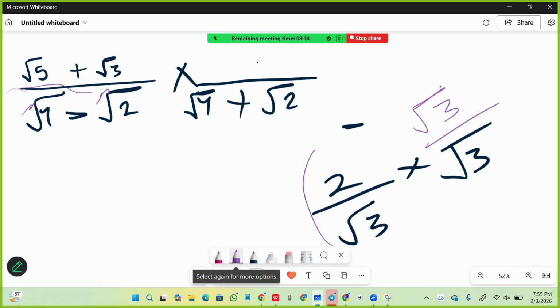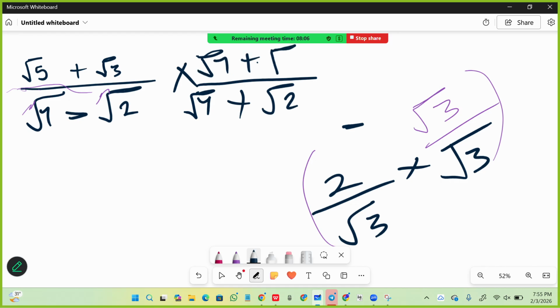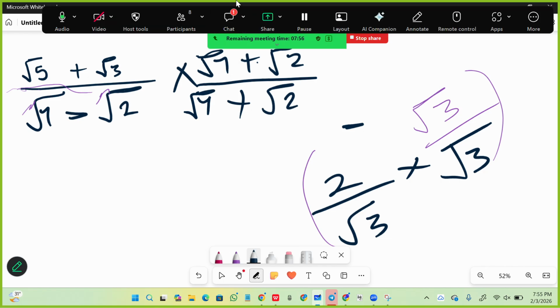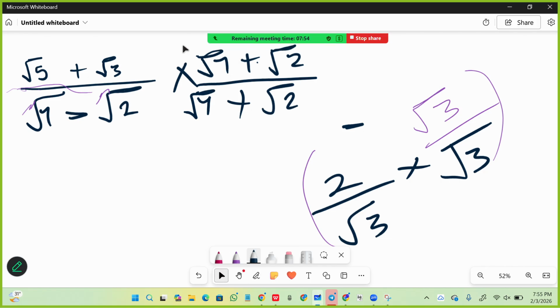We also multiply it with the one up, right? So because we did it down here, we also multiply it with the one up too: root 7 plus root 2. Do you understand that? Very easy thing. So the next thing is to open this. Are you getting that? If you understand what I just did now, just tell me I understand.